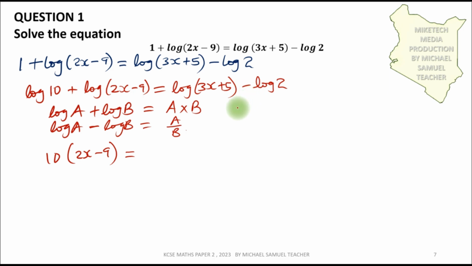We have minus, so that will lead to division. So we shall have 3x plus 5 over 2.